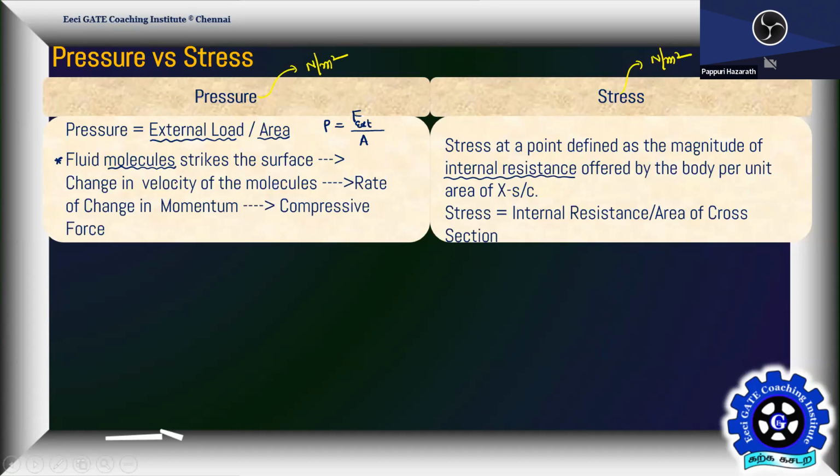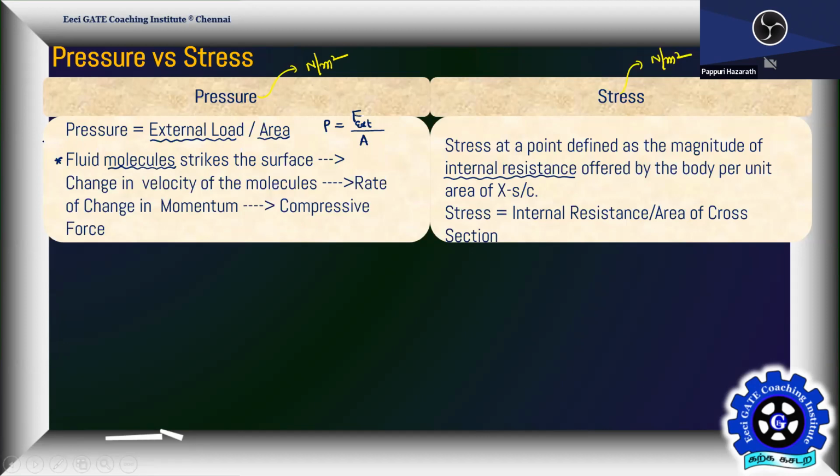Then change in velocity of the molecules comes into the picture. Due to change in velocity, change in momentum comes into the picture. It results in rate of change in momentum, and rate of change in momentum is nothing but force. The magnitude of this force acting per unit area of cross-section is nothing but pressure.